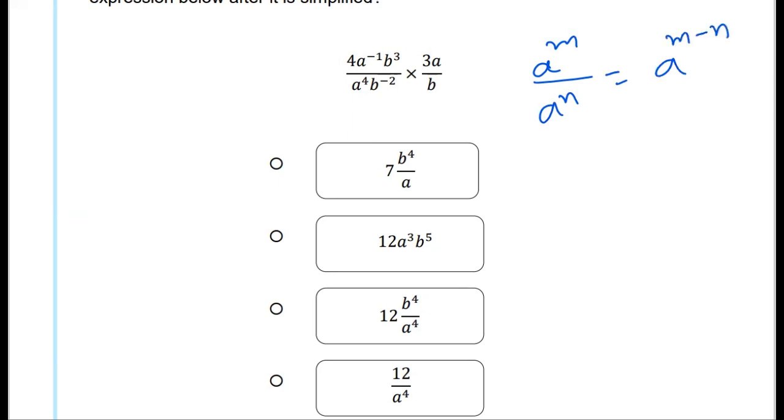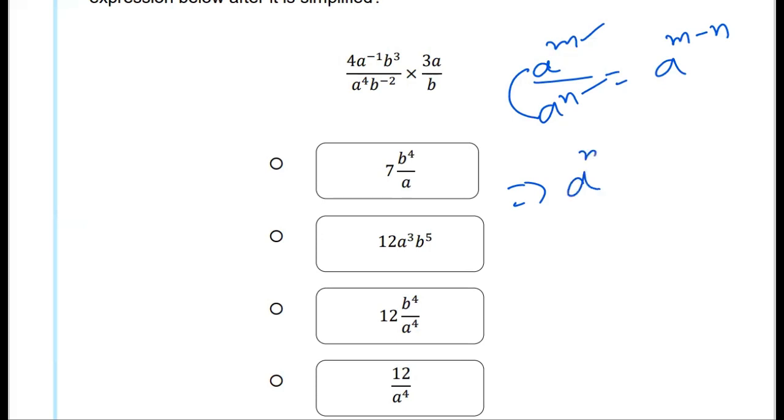Whenever we have the same bases and different exponents, and you have the quotient of those two numbers, you would have to subtract the exponents. A to the m over a to the n is a to the m minus n. Same base, different exponents, you subtract exponents.